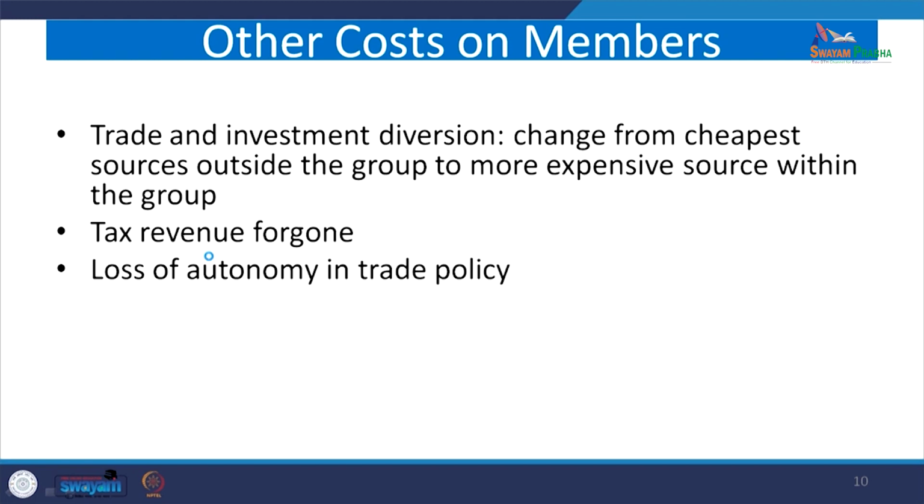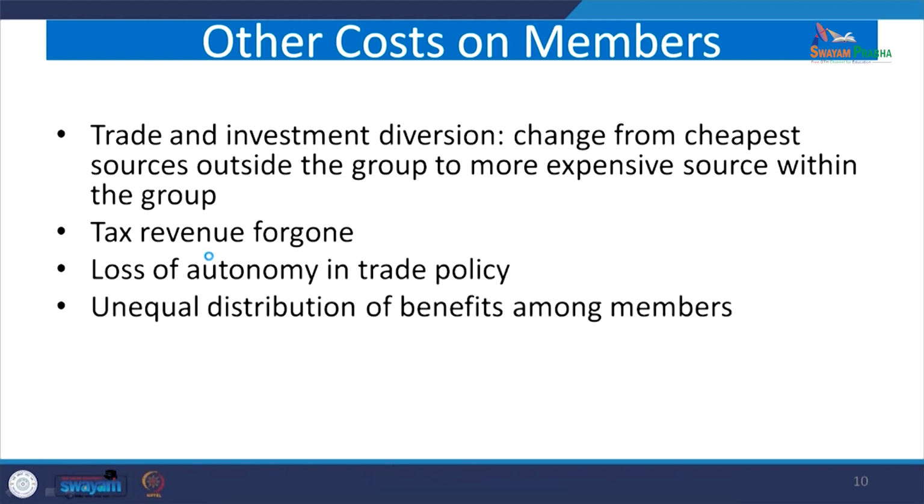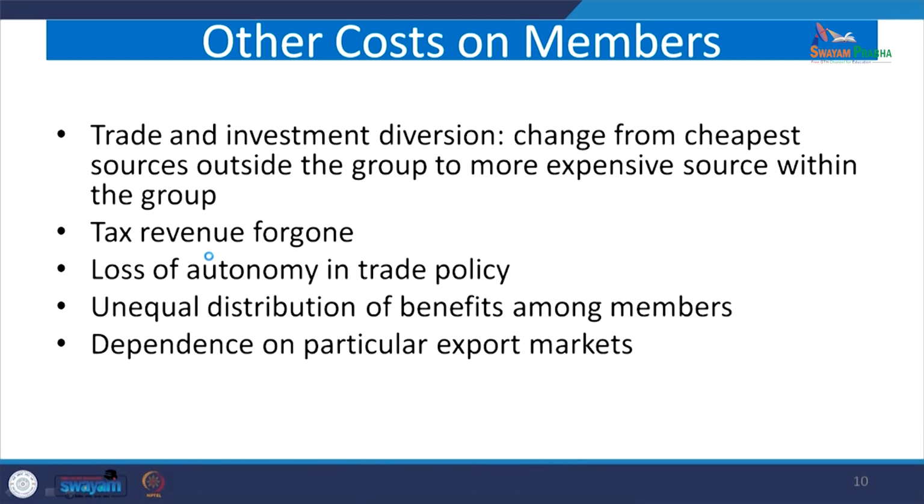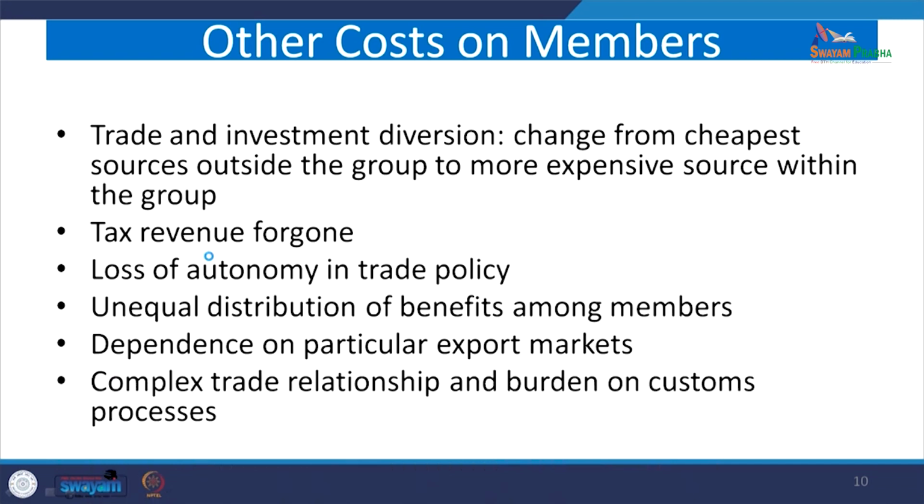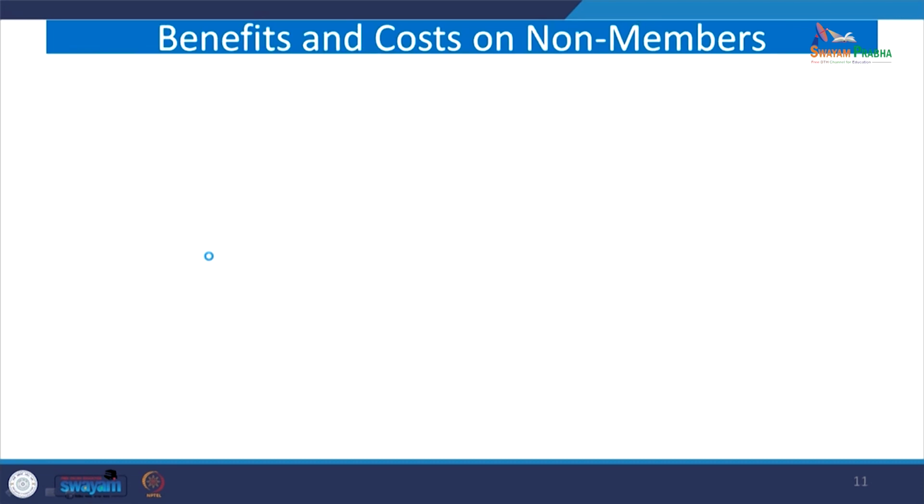So it reduces their autonomy. There might be unequal distribution of benefits among member countries depending upon the elasticity of demand and supply they have, and dependence on particular markets is important. It raises complex trade relationships and a burden on customs processes.